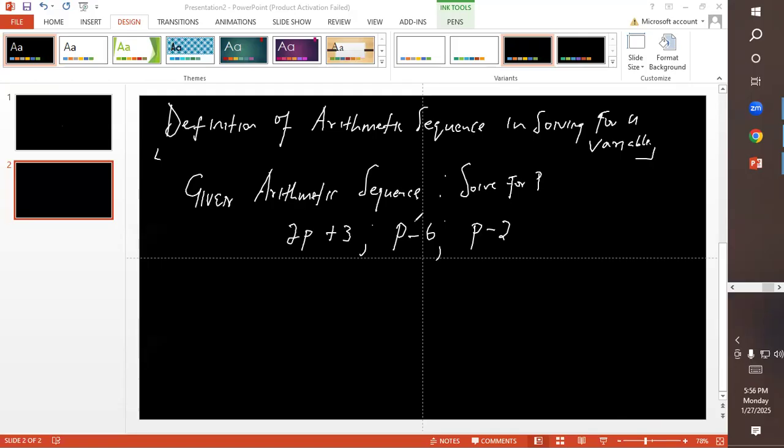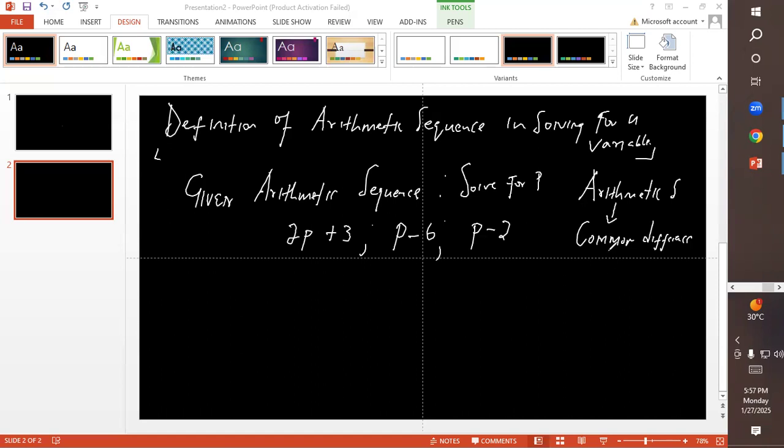You are told that the sequence is arithmetic, so you are going to use the definition of an arithmetic sequence to solve the problem. An arithmetic sequence has what we call the common difference.